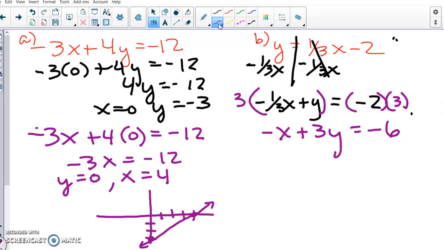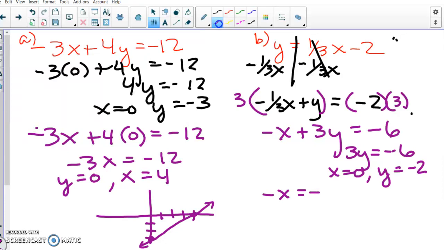Now I'm going to go through my steps. Allowing x to equal 0, I get 3y equals -6. y equals -2 when x is 0. Allowing y to equal 0, I get -x equals -6. x equals 6, dividing both sides by -1, when y is 0.